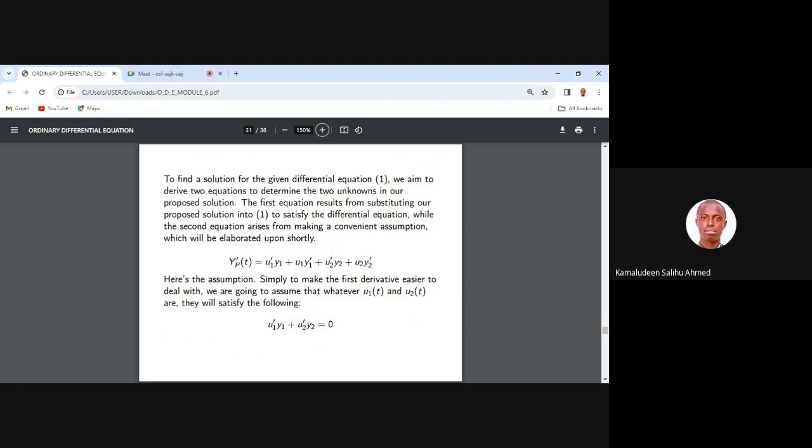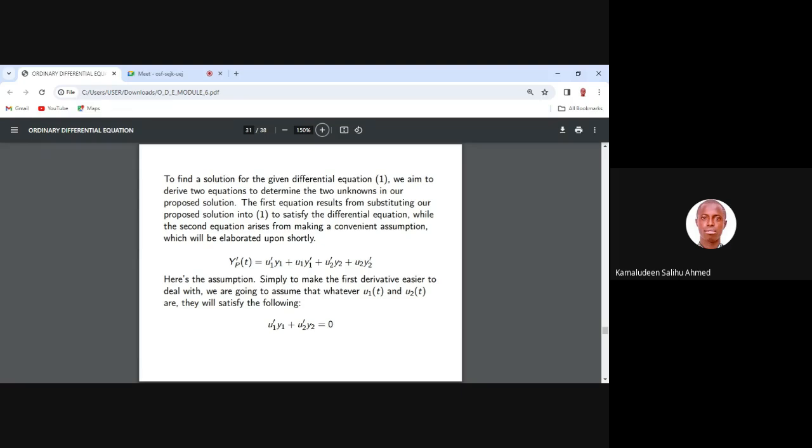This is the first one. You differentiate it for the first time, you now have y prime of t. You want to differentiate it again, which equals this. You use the product rule: u1 prime y1 plus u1 y1 prime plus u2 prime y2 plus u2 y2 prime.